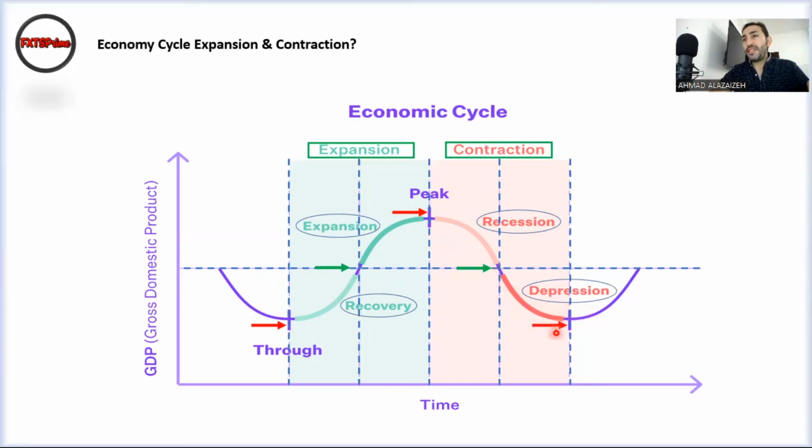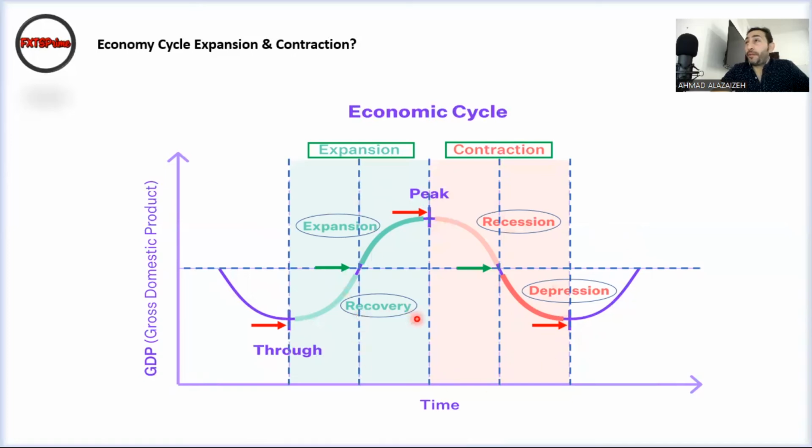So we call this section the depression, and that is the area which is similar to this area where the central bank will start to reduce the interest rate again and supply money to the market. So if you realize here, the economy cycle takes 2 to 4 years to be completed, and this is the short-term cycle.